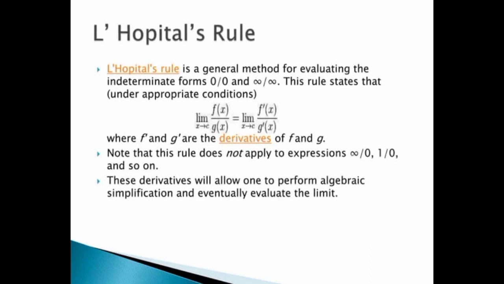Note that this rule does not apply to expressions like infinity over 0, 1 over 0, and so on. These derivatives will allow one to perform algebraic simplification and eventually evaluate the limit.